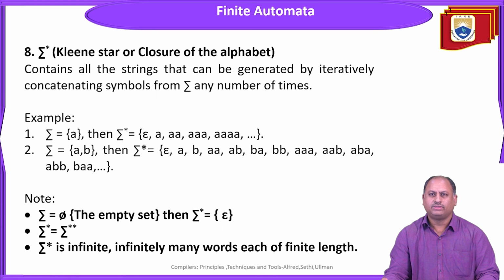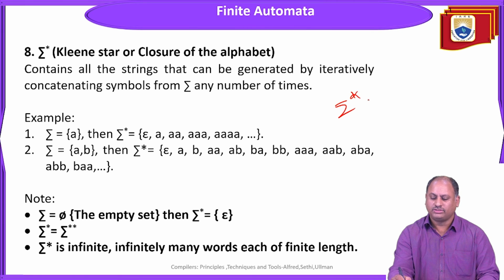So there is a difference between the star operation, sigma star, and sigma plus. Here sigma star denotes strings which include epsilon followed by all the remaining symbols, whereas sigma plus does not contain epsilon.